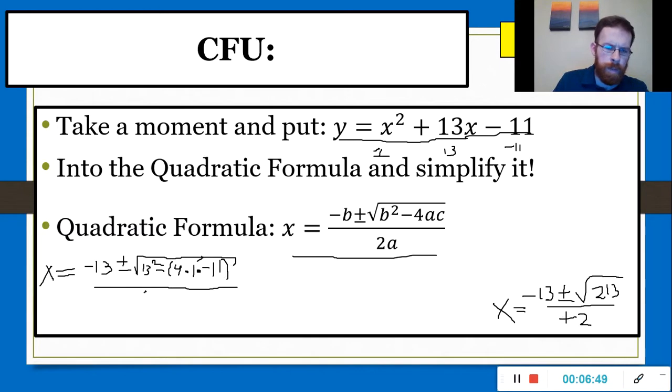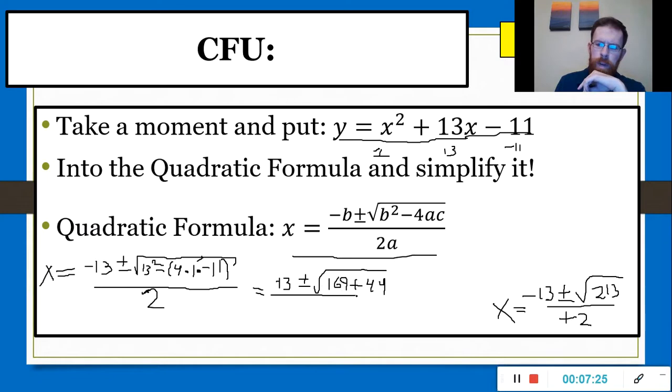All divided by 2 times 1, which I'm just going to put as 2. Next step, x is equal to negative 13 plus or minus the square root. 13 squared is 169. Negative 4, because remember, that's a negative 4, times 1 times a negative 11 is a positive 44.